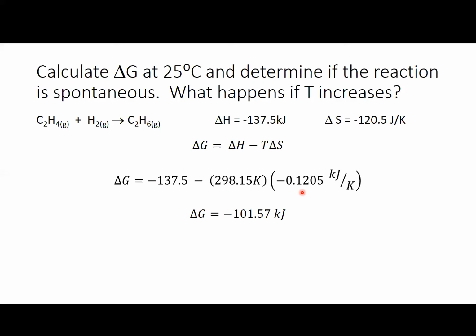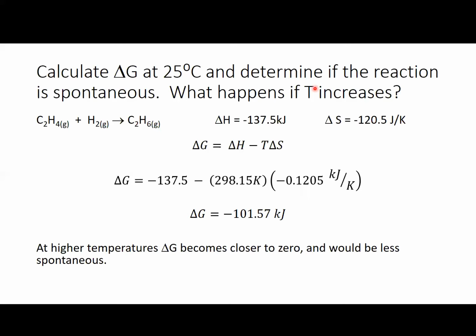So this is spontaneous because this is a negative number. Okay, spontaneous. However, what if my temperature increases? At higher temperatures, delta G becomes closer to 0 and becomes less spontaneous. Right? So if I started increasing this temperature, a negative number minus another negative number, this negative thing keeps on getting larger.